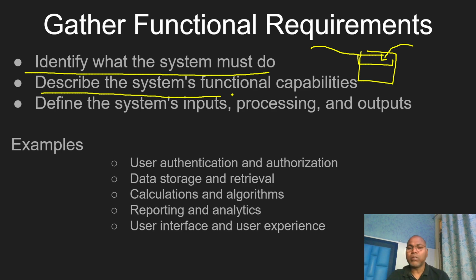Even while gathering the functional requirements, you also have to understand what kind of input the system takes, what kind of processing you are going to do, and what kind of output. That is the basic rule for any system you are designing.